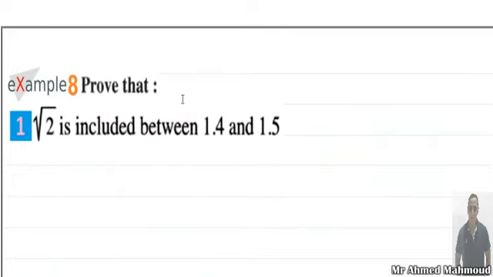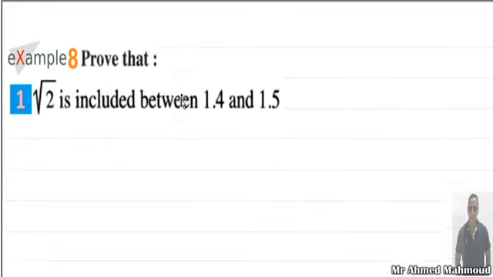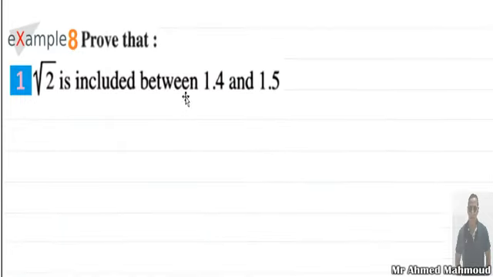Okay, the next one, drill 8, example 8. Prove that root 2 is included between 1.4 and 1.5. Now we need to prove that root 2 is included between 1.4 and 1.5.